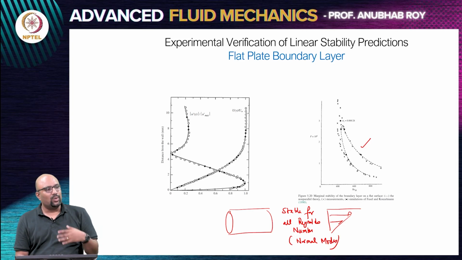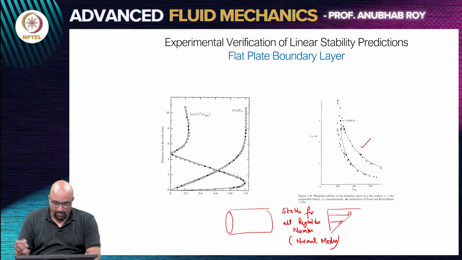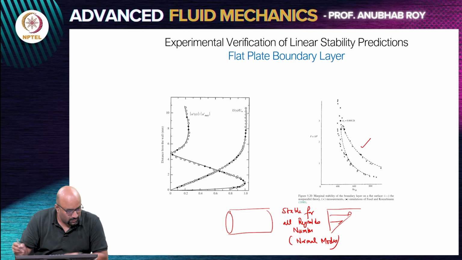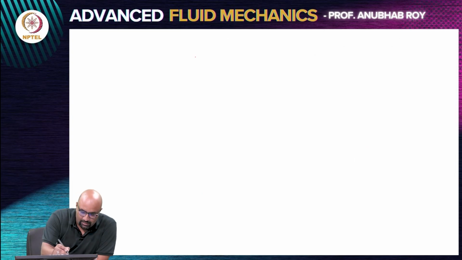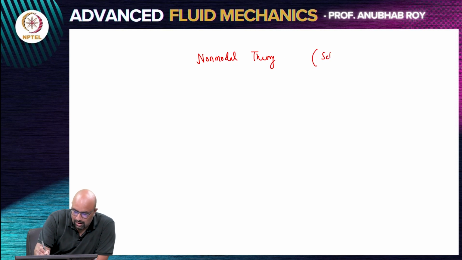So, this has led to the advent of many other methods, many other questions about whatever assumptions we have made. I will encourage you to look into it; I'll just give some names. There is a non-modal stability theory. A very good reference for this is a book by Schmid and Henningson.